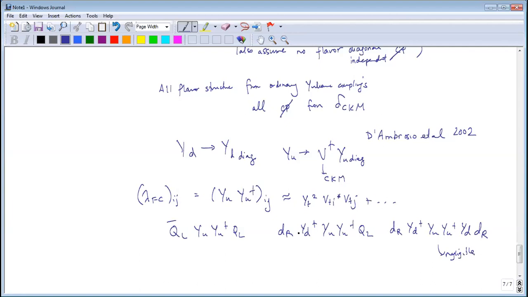This one is going to have a fermion mass suppression because it's going to go like lambda D, the diagonal YD, times the lambda FC, which is basically this set of objects in here.